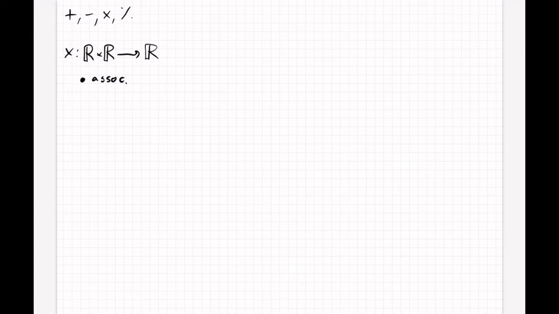Well, if I have A times B first, then multiply by C, is that the same as A times B times C? And if you've worked with numbers at all for any substantial period of time, you will remember that yes, this is true. My multiplication operation is indeed associative.